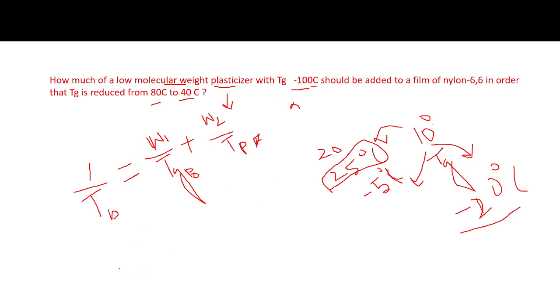40 degrees centigrade. Now you have to convert this 40 degrees centigrade to Kelvin. So 40 degrees centigrade will be 273 plus 40.